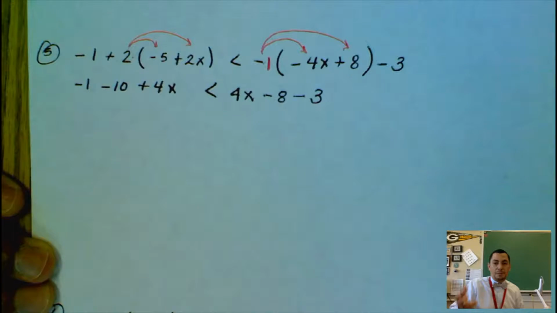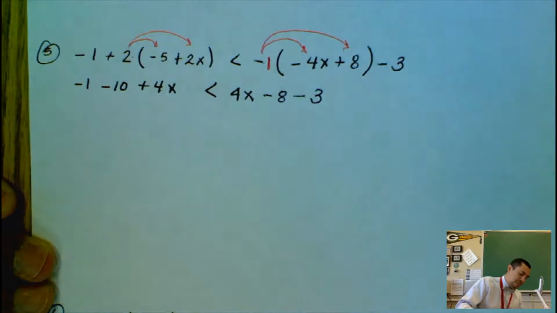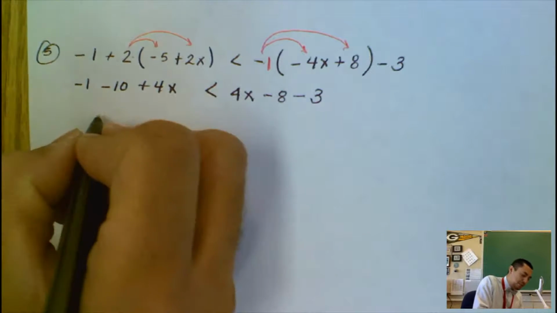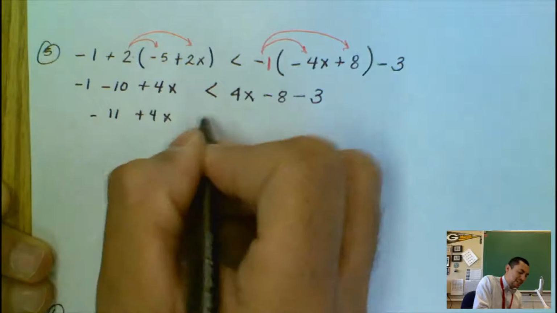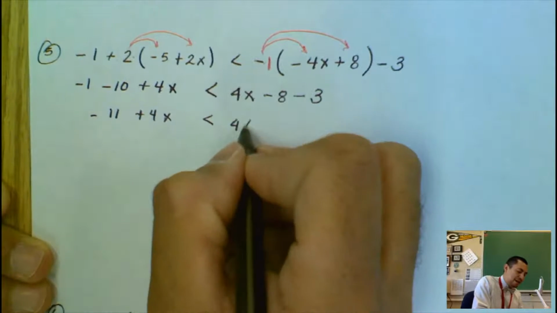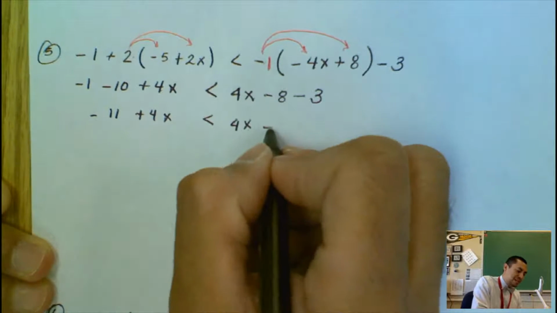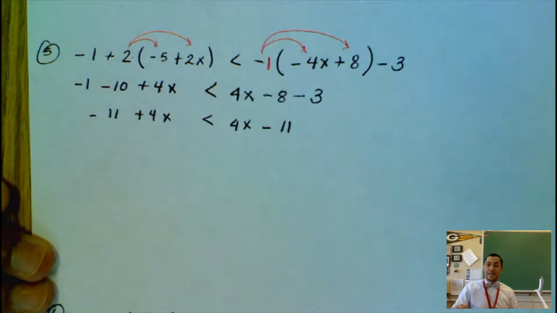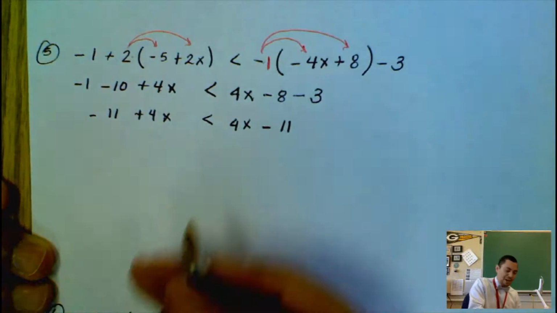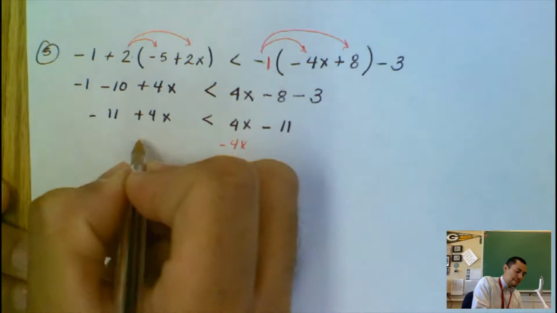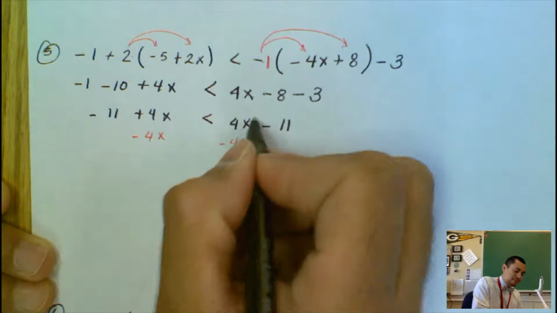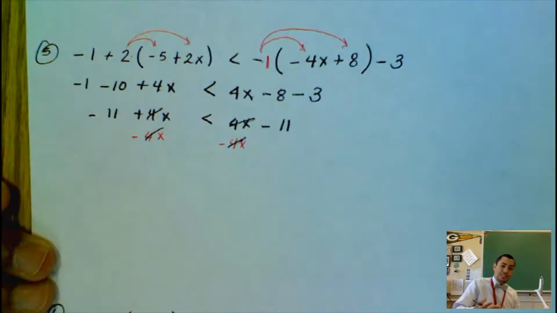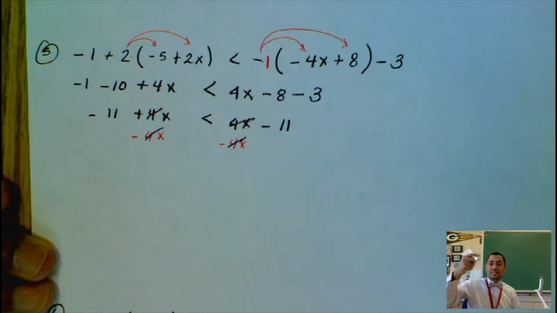Now we're going to simplify a little bit. So negative 1 minus 10 equals negative 11, plus 4x is less than 4x, negative 8 minus 3 is negative 11. Again, see that these 2 variables, let's move 1. So I'm going to do negative 4x. It cancels out on both sides, as you can see, because they are the same number with opposite signs.